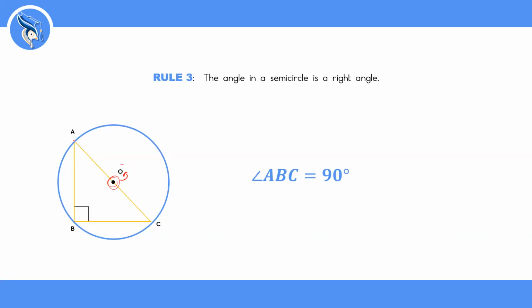So here, if you realize this line going through the center, that's a diameter, it cuts the circle in half. Now the angle formed from there and touching the circumference here is always 90 degrees. So then you can even go ahead to work out these angles over here, because this is an isosceles triangle.